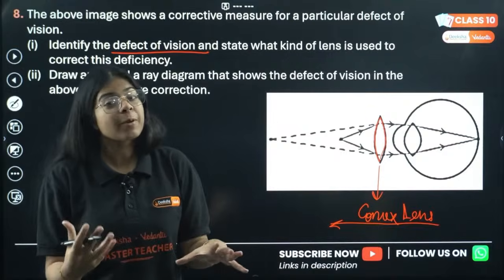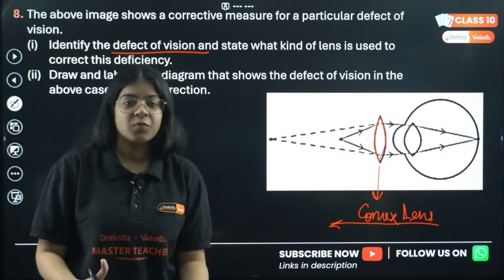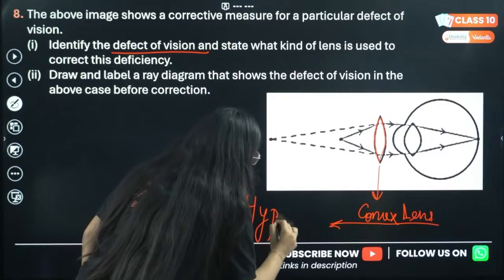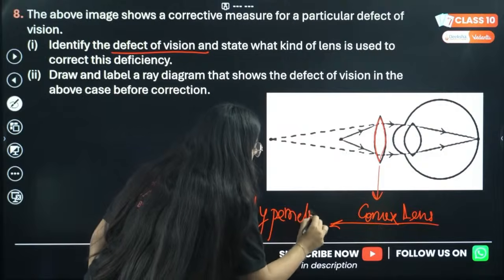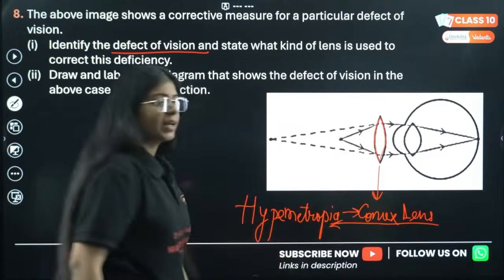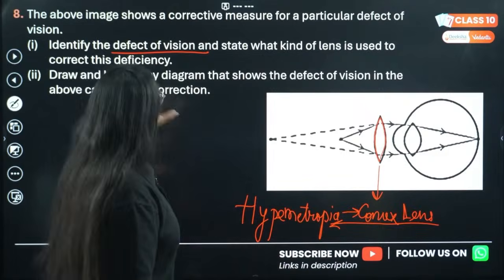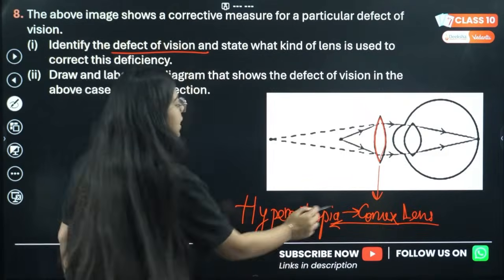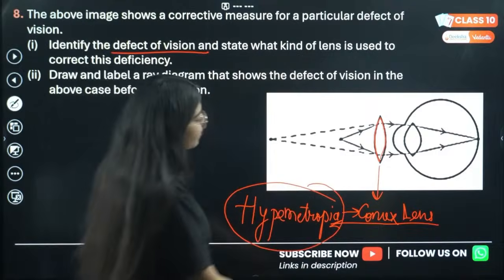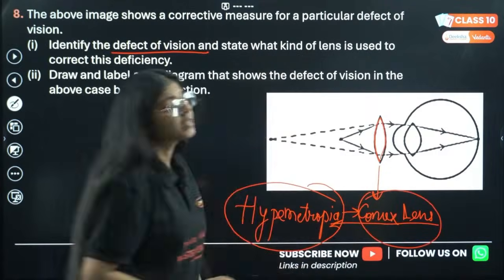Myopia, hypermetropia or presbyopia? It is hypermetropia. To correct hypermetropia, we use a convex lens as the corrective lens. So the defect of vision is hypermetropia, and the lens used to correct this deficiency is a convex lens.